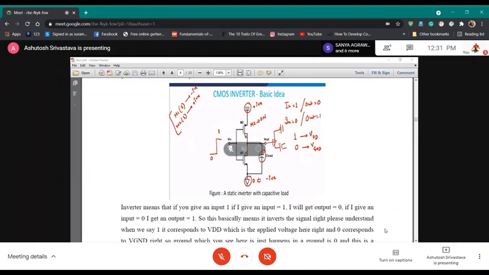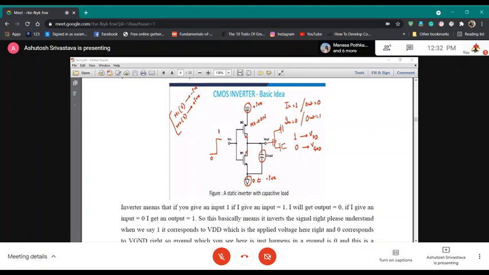But you can also manipulate or get the desired value of your threshold voltage. That means you can increase and decrease it even when you are processing the wafer or you are manufacturing the chip.